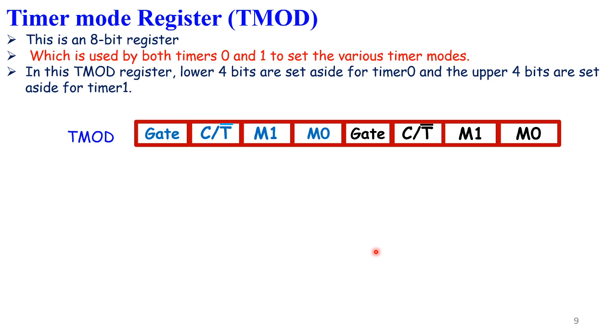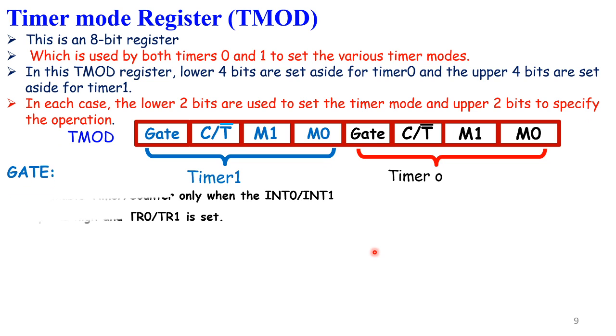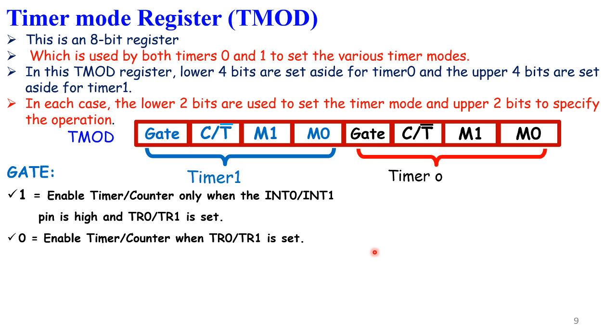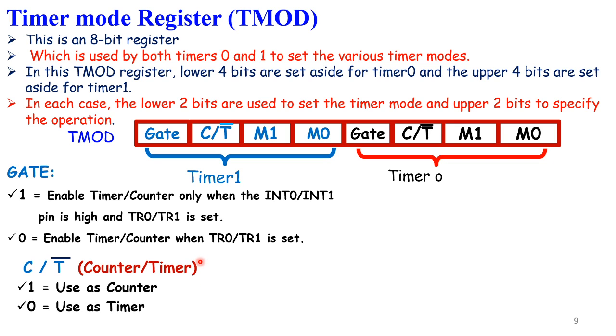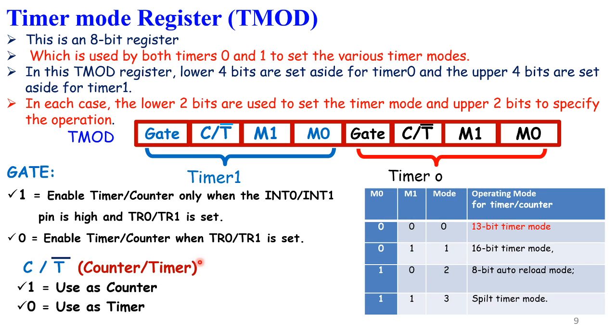The lower nibble is reserved for timer 0, the upper nibble for timer 1, and the GATE bit decides the external clock when GATE is equal to 1. When it is 0, the crystal internal clock is used. C/T bar for timer 1 and timer 0: when it is equal to 1, counter, and when it is equal to 0, timer. M0 and M1 are the mode select bits.